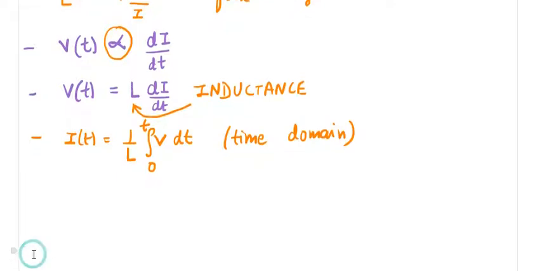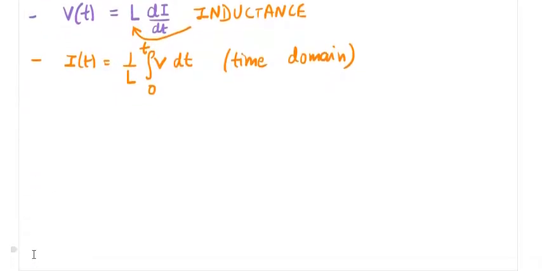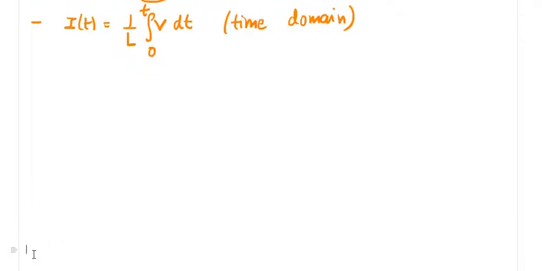And in Laplace domain, V(s) is equal to L into s, where d by dt is replaced by s, into I(s). We will discuss Laplace in mathematics lecture.